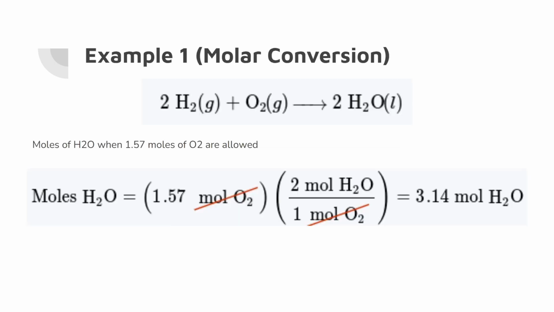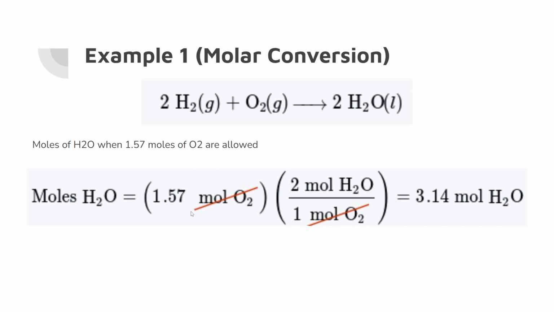We're going to look at our first example here. We're going to stick with the formation of water, and we're going to determine how many moles of water are produced when 1.57 moles of oxygen gas are allowed to react. So we're going to take our given 1.57 moles of oxygen gas, and we're going to use dimensional analysis to convert those moles of oxygen gas into moles of water, because we know that 1 mole of oxygen gas in this equation is stoichiometrically equivalent to 2 moles of water.